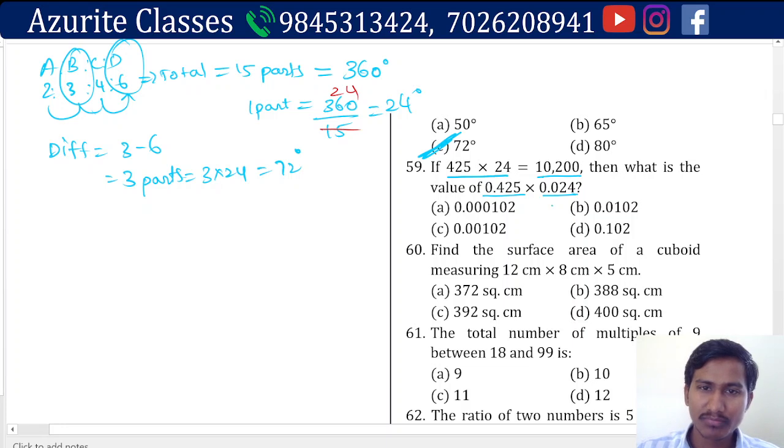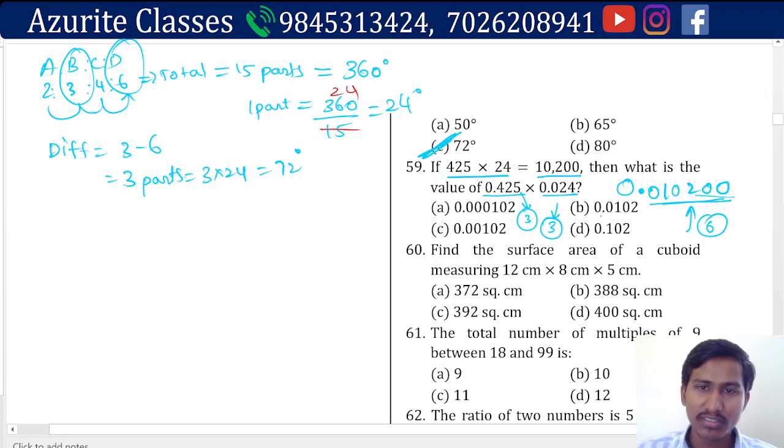So there are 3 decimals here and 3 decimals here, total 3 plus 3, 6 decimals. In this, that is 10,200, we have to give 6 decimals. So 6 decimals if you give, so already 5 are there, so one more 0 you take and then 0. So 6 decimals will come in this. Yes, isn't it?